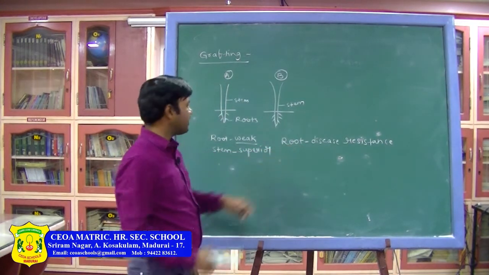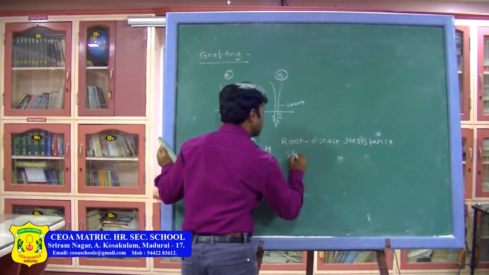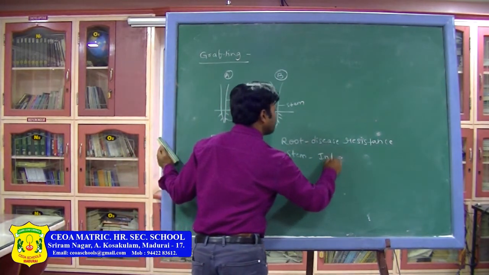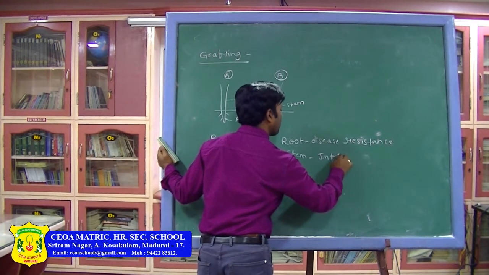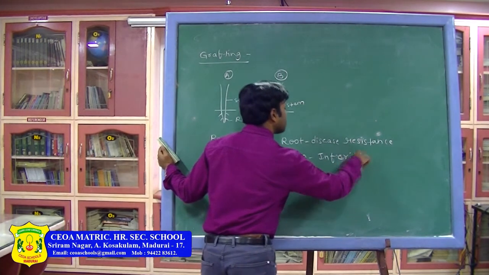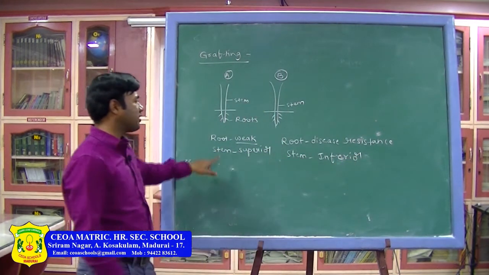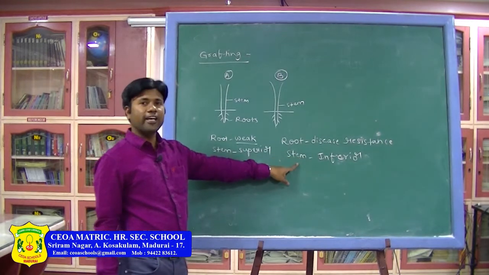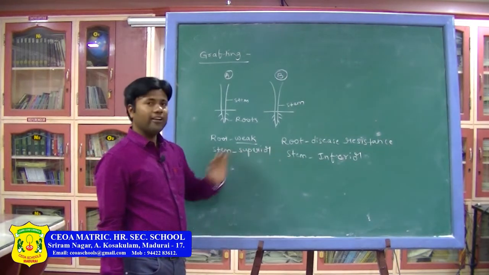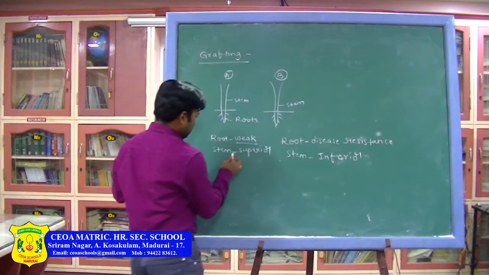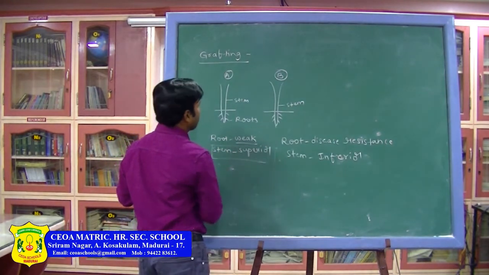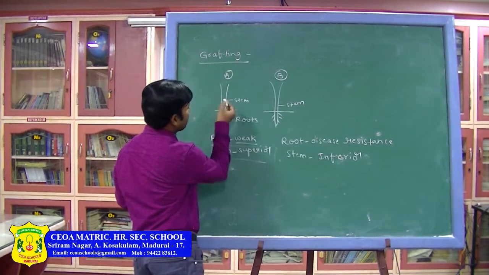Then who is weak here? The stem is weak, the stem is inferior. Here the stem is superior, and here the stem is inferior. The stem that is superior, superior means this is the part.